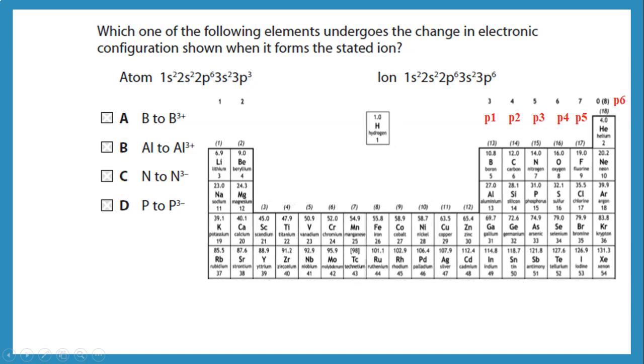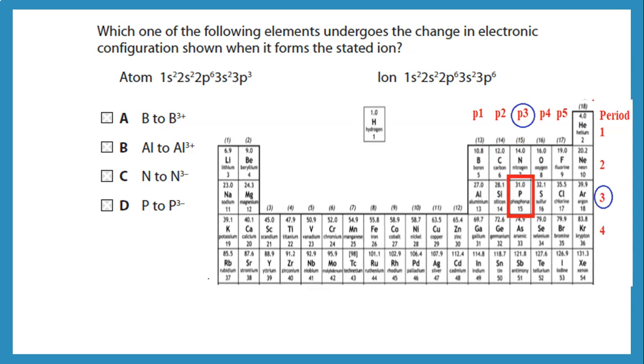We have 3p3. Remember that the last sublevels, if they end in p1, that is in group 3, p2, that's in group 4, and so on. That is the p block. So if I'm looking for something that ends in p3, that means I am looking for something in group 5.